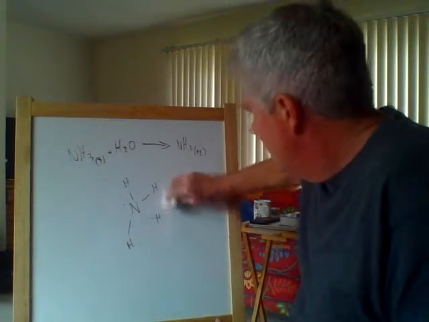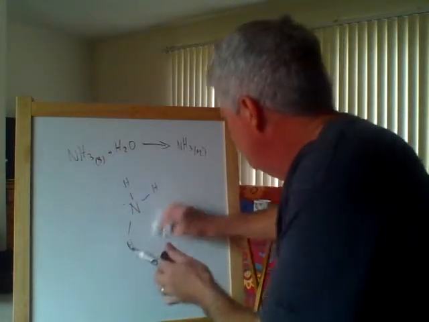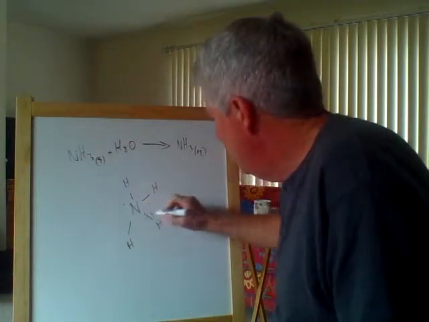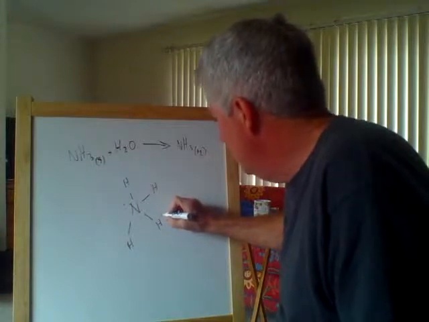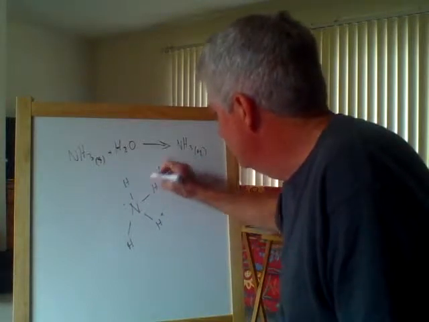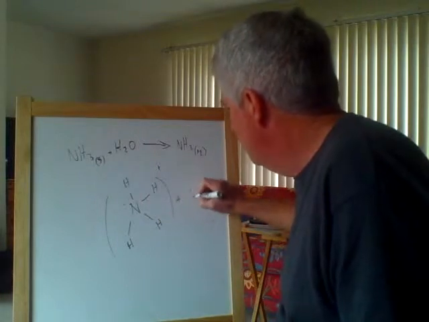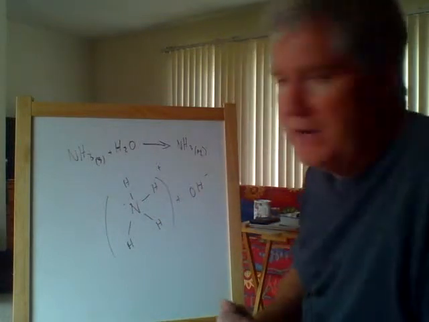So what happens in solution is you actually end up with NH4, which is net plus, and hydroxide, which of course is minus.